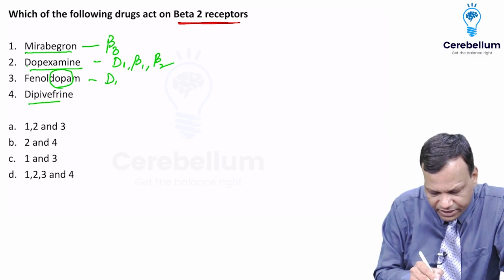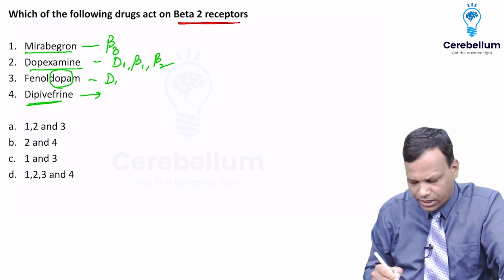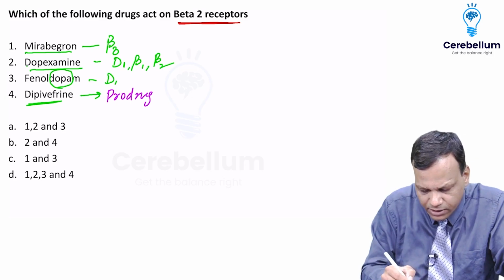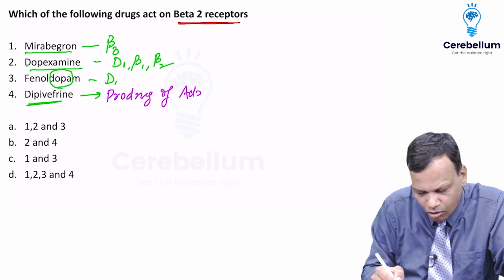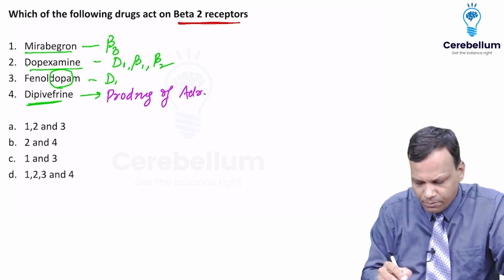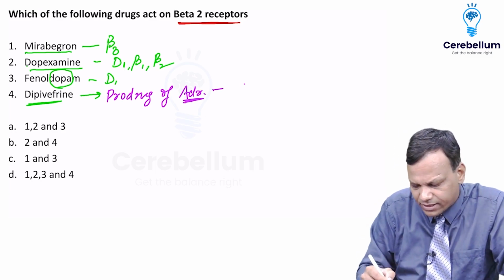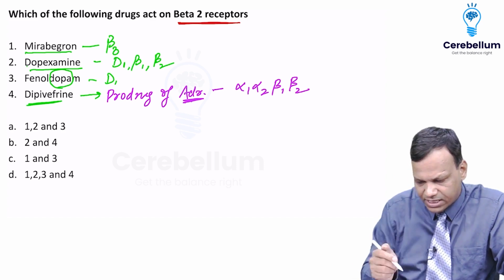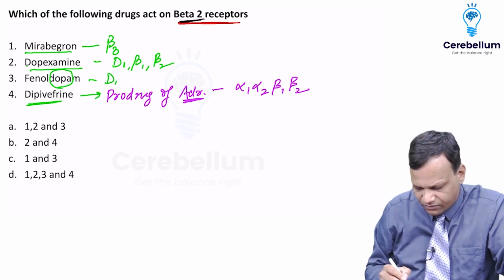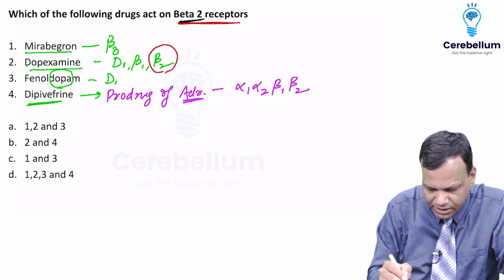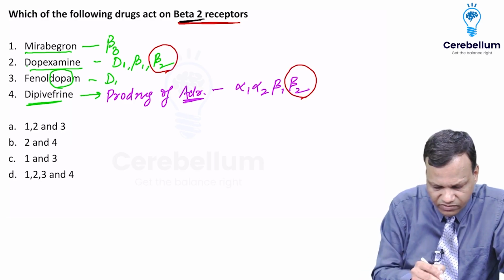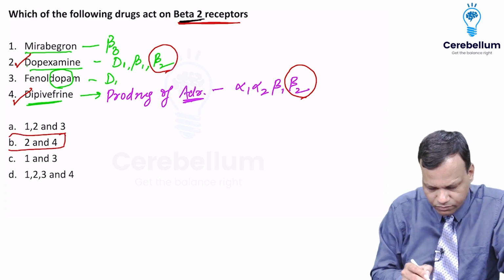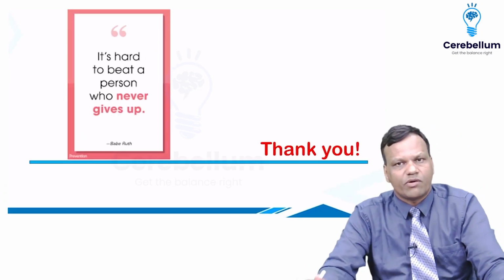Now, dipivefrin is a pro-drug of epinephrine, a pro-drug of adrenaline. We'll discuss that in glaucoma. It acts like adrenaline, so it has alpha 1, alpha 2, beta 1, beta 2. Now they are asking which act on beta 2, and we can see that beta 2 is present here and here. So the answer will be dopexamine and dipivefrin, so it is 2 and 4. So these are some of the important questions.